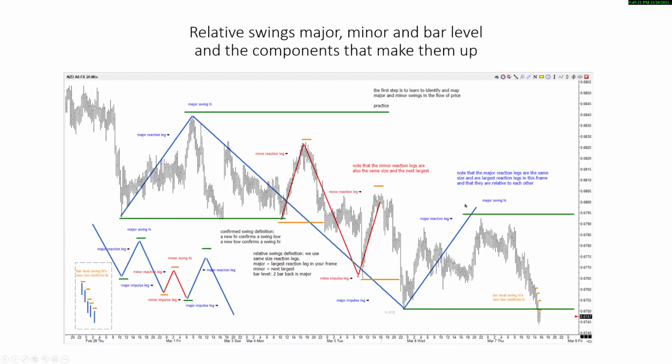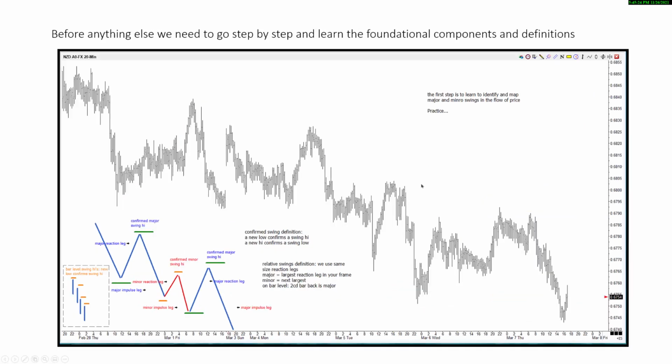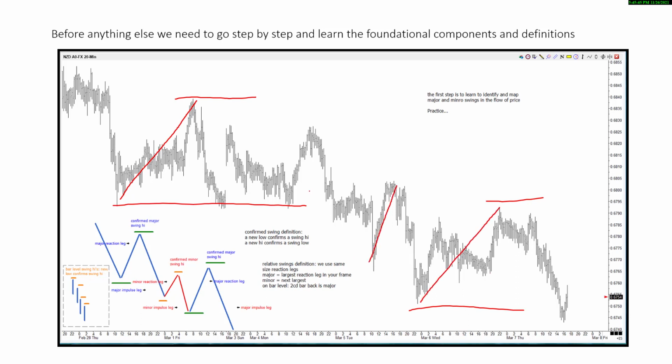Market moves in swings, so we're taking what looks like chicken scratch here and just understanding the waves. Understanding, hey, we have a major reaction leg, we have a minor reaction leg. And bar level swings as well. We can see lower low, lower high, lower low, lower high, lower low, lower high.